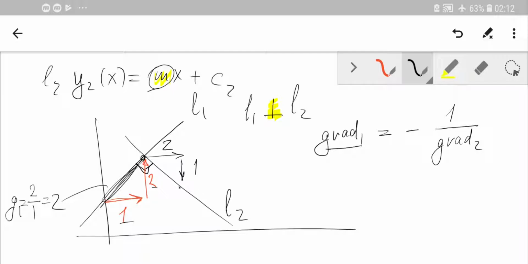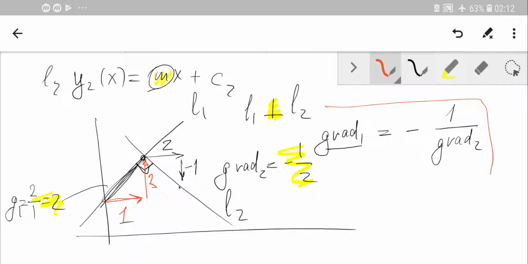Because it's down, I mark it as negative, and to calculate gradient 2 we just need to divide -1 over 2. As you can see, they are in reciprocal ratio. So that's the standard formula that connects the gradients of perpendicular lines.